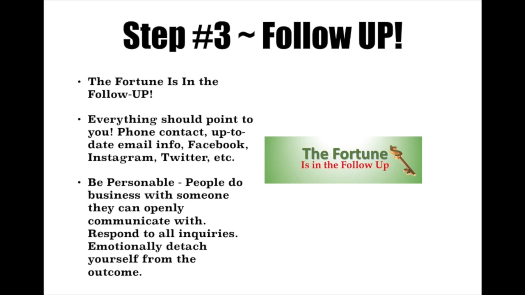If you're referring them to your Facebook page, everything should be linked onto those sites. You should have hot buttons on your site so that if the prospect hovers over and clicks the Facebook logo, that's going to direct them to your actual Facebook page. The same thing applies for Instagram, Twitter, etc. Any other social media platform that you might be using to promote the business, you should have it linked into your autoresponder information somehow, somewhere.